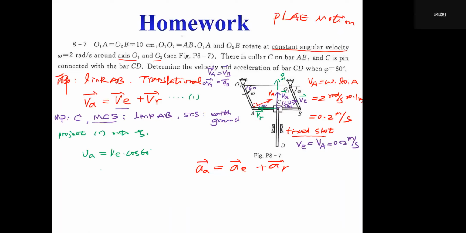Then, because VE equals VA equals 0.2 and cosine 60 equals a half, right? 0.1 meter per second. That's how we use this theorem of velocity composition to find the velocity of bar CD.